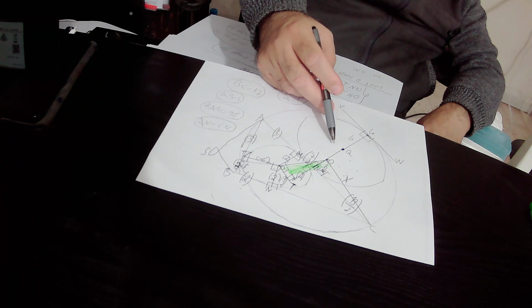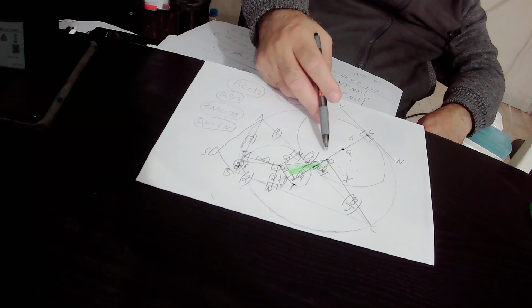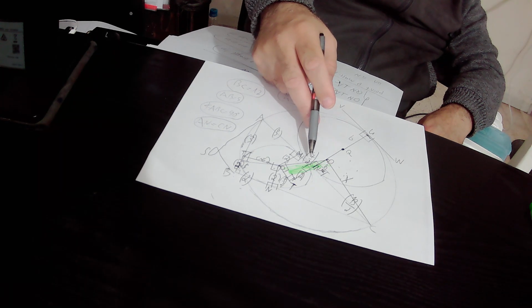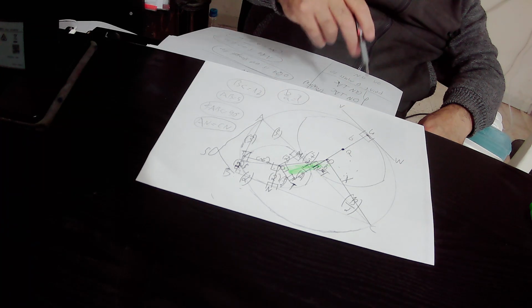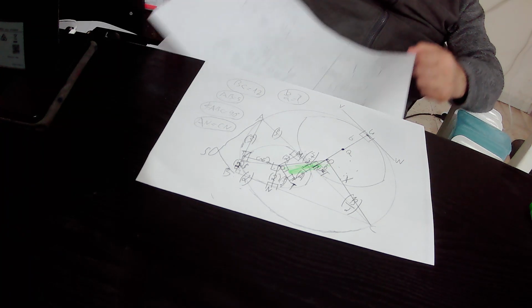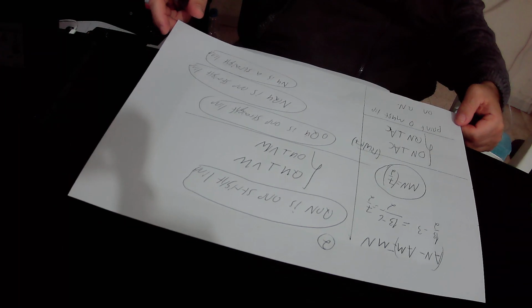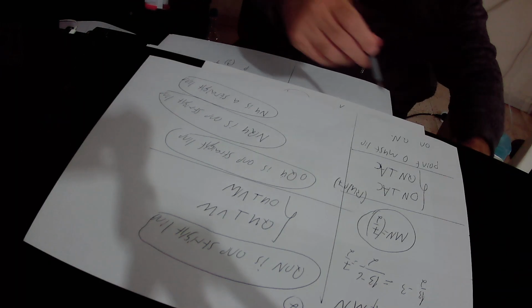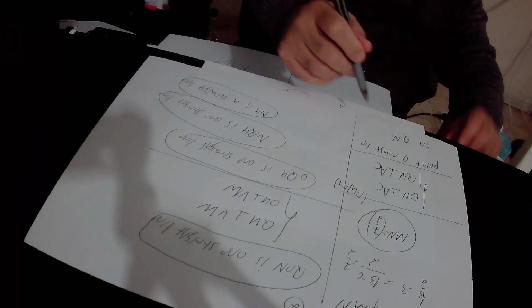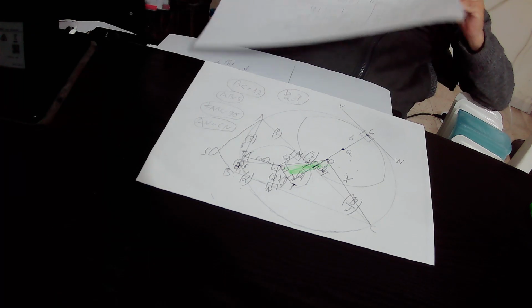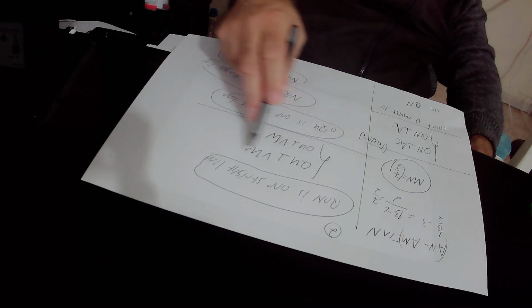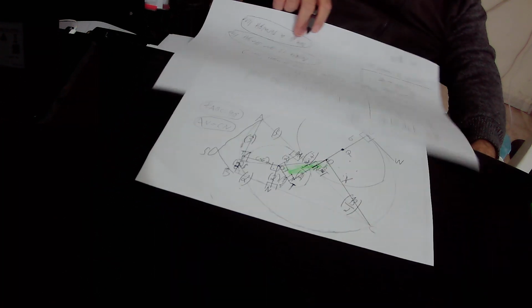Otherwise, if point O doesn't lie on QN, then ON will never make an angle of 90 degrees with the tangent. So point O must lie on QN. If point O lies on QN, it means that QON is one straight line.